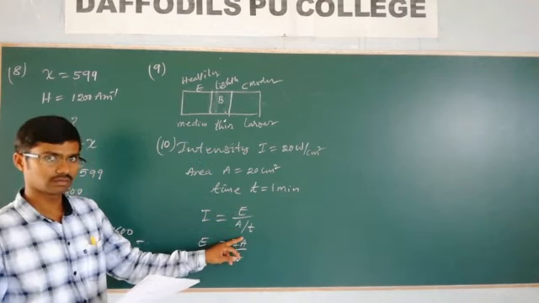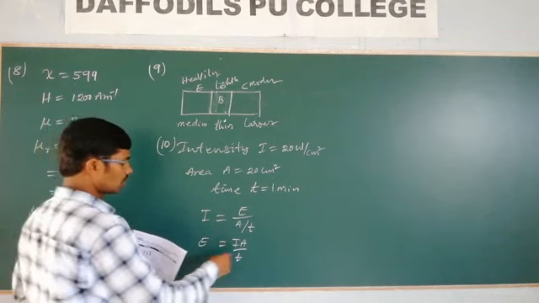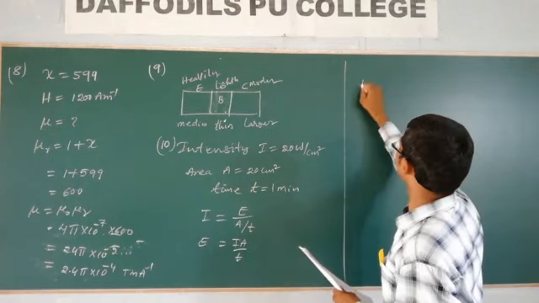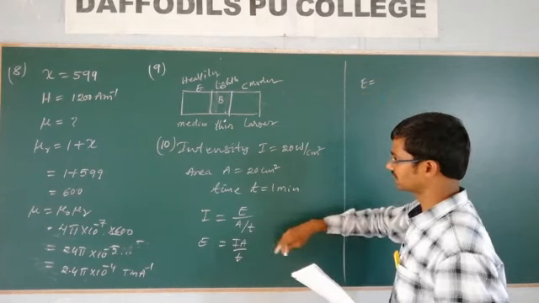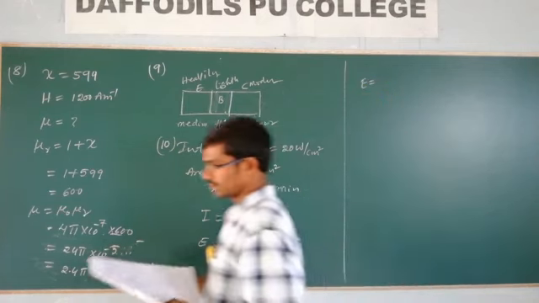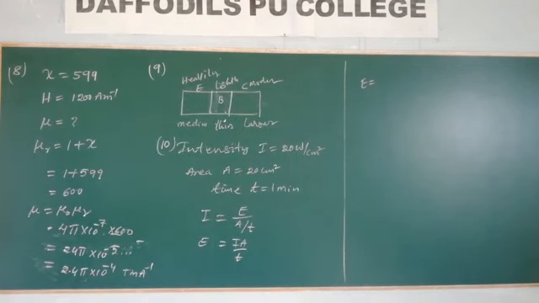Very clear? Now let us substitute, but we need to find what? Energy is equal to intensity, substitute 20 watt meter power minus 2 centimeter power minus.